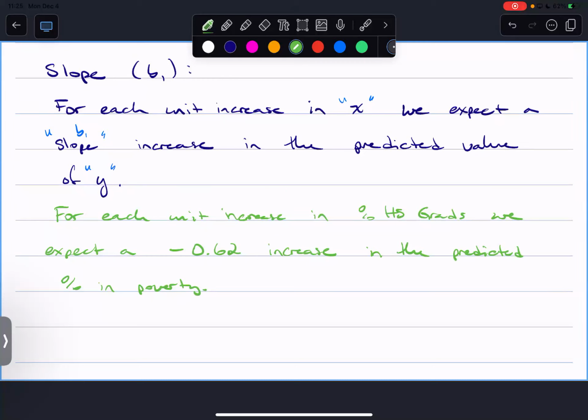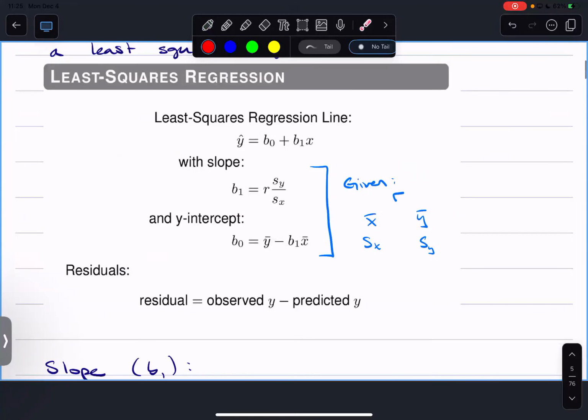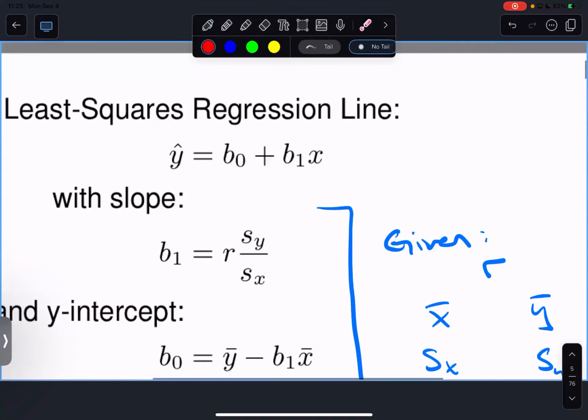It's this: for each unit increase in X, we expect to see a slope increase in the predicted value of Y. Now you can let the formula sheet be your guide. And I know what you're thinking, is she ever going to stop with that? No, I won't, because it's all there, right?